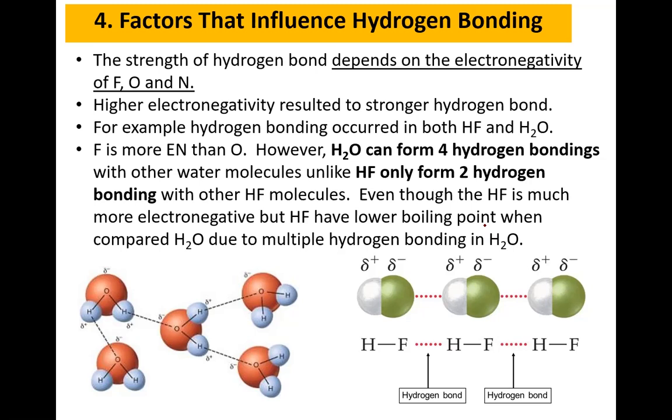But for example, in water molecules and HF, water has a higher boiling point because water molecules can make 4 hydrogen bonds. Meanwhile, hydrogen fluoride can only make 2 hydrogen bonds.